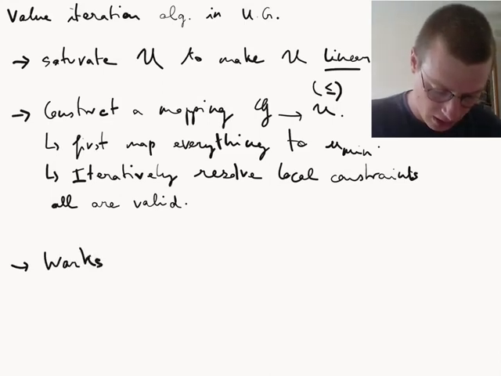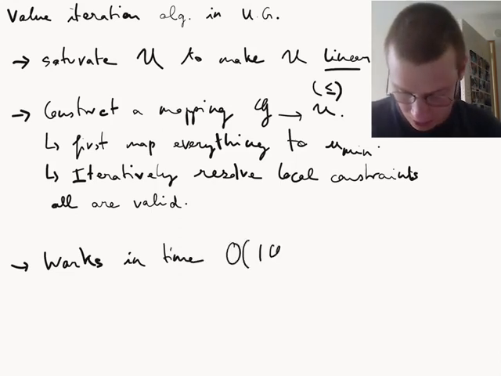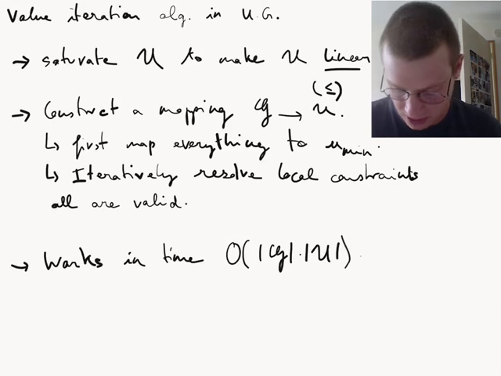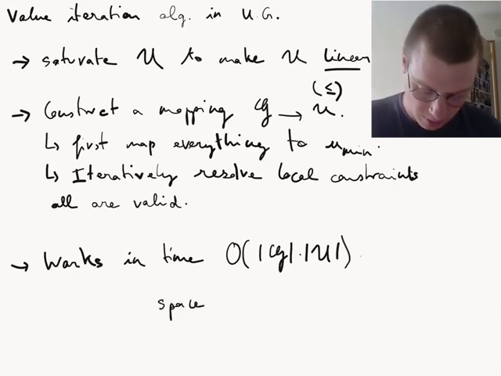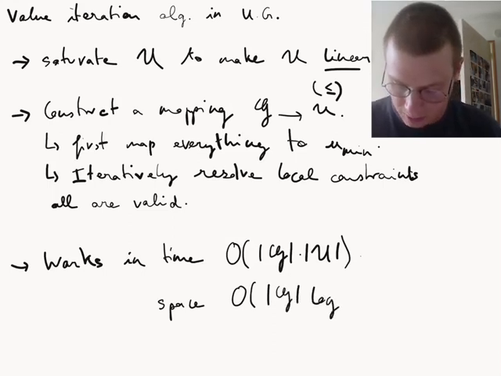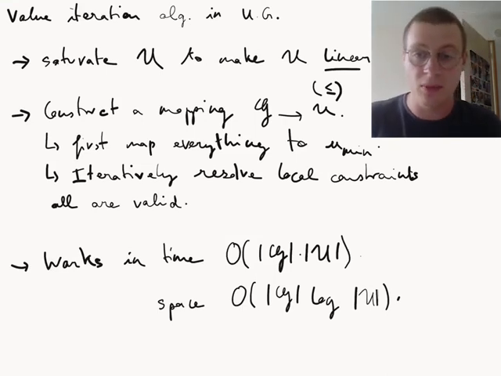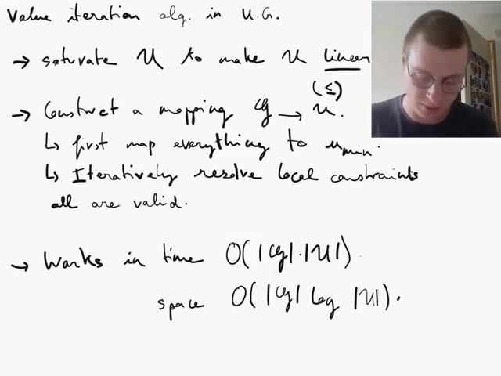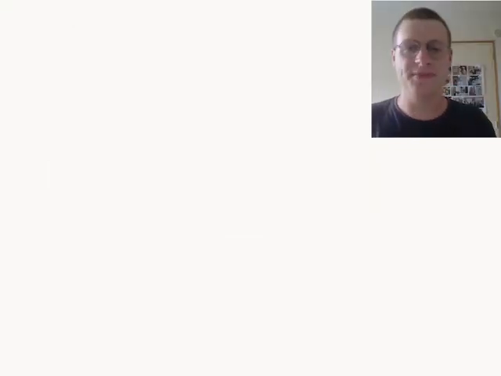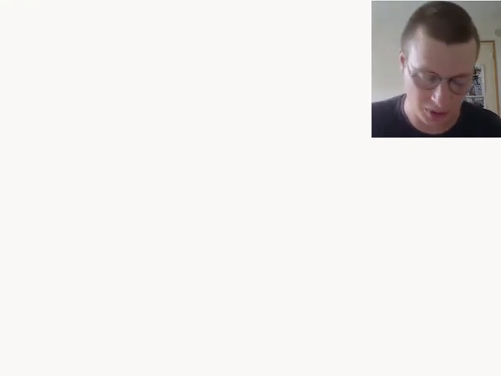It works in the same time complexity: the time is also going to be the order of size of G times size of U. But we have a nice improvement on space complexity, which is now going to be only logarithmic in the size of U. So if we're interested in solving a game with a space-efficient algorithm, then value iteration is a nice solution.